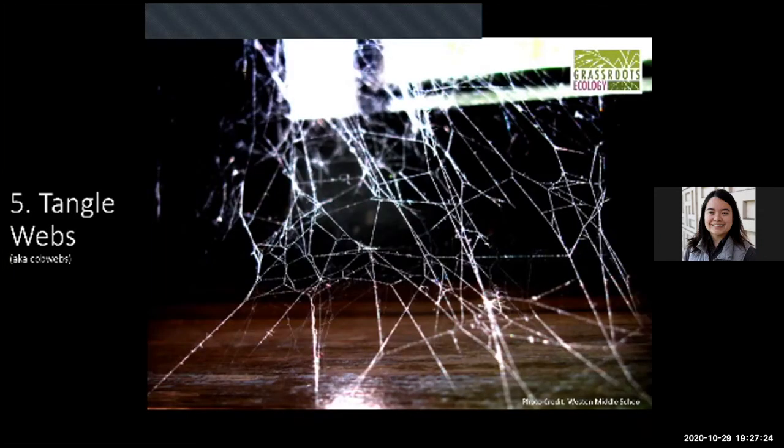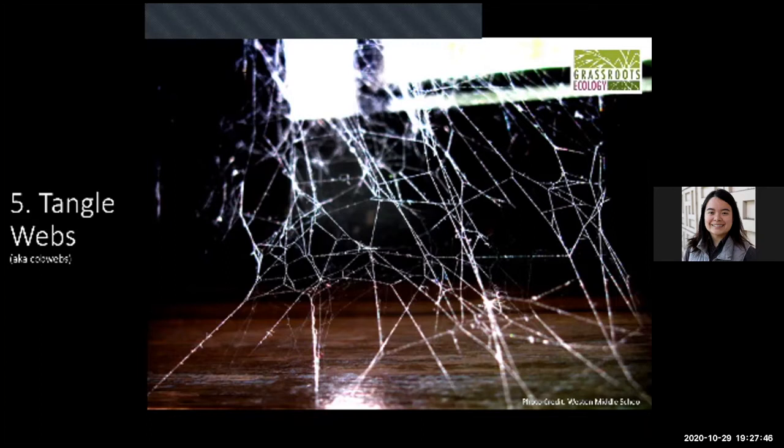The 5th web that I want to introduce is the tangle web, also known as the cobweb. To the human eye, it looks very messy, but there is an order to this madness. Many different families of spiders make this type of web because it is very space efficient.